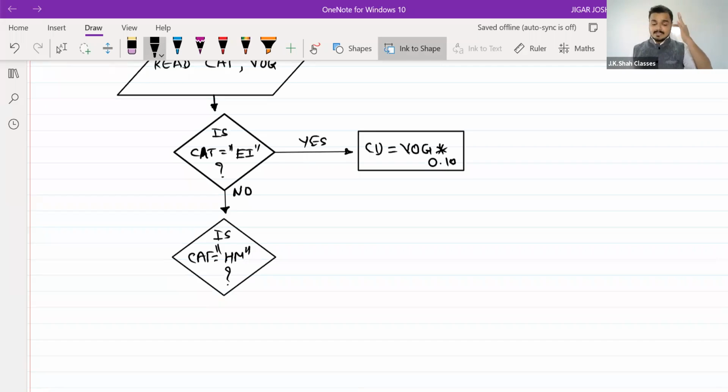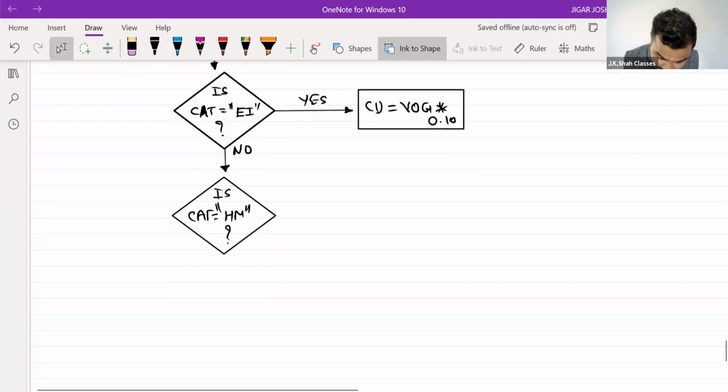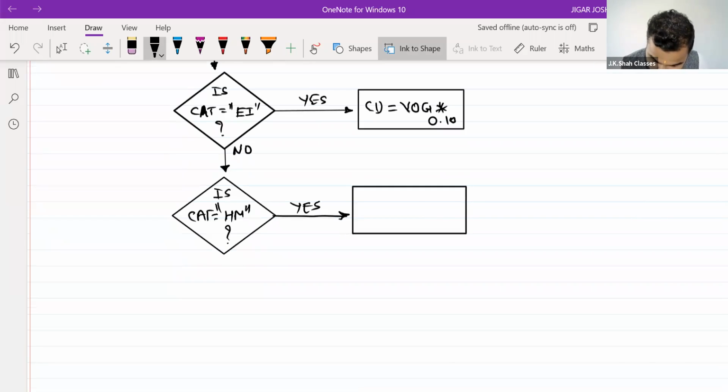Understood? If the answer is yes, then custom duty is equal to value of goods into 0.15.